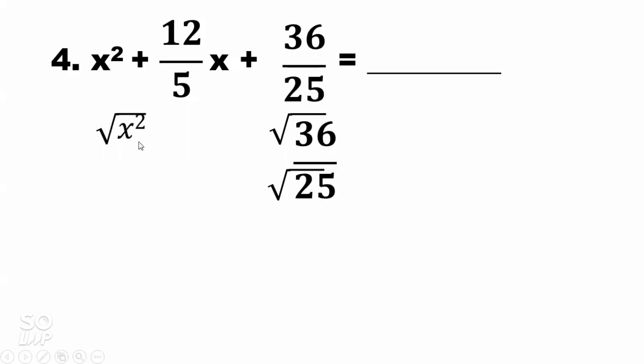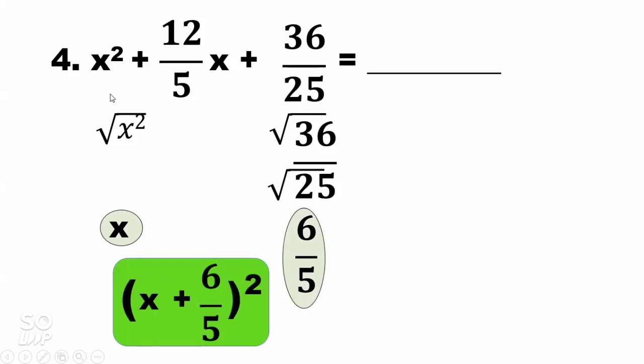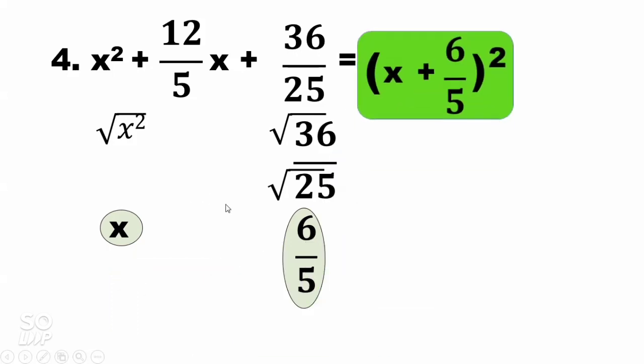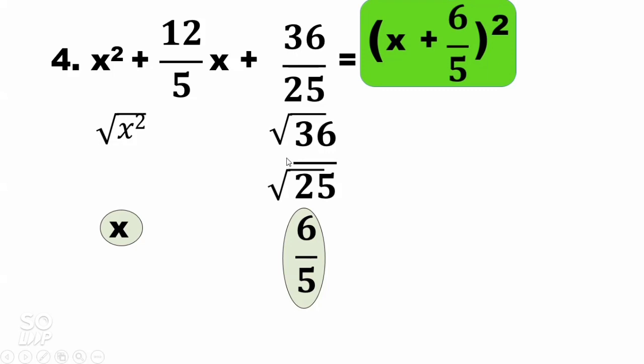Extract natin. Okay, square root of x squared is x. And then square root of 36 is 6. Square root of 25 is 5. So we have 6 over 5. And then now we have to copy x and 6 over 5. And then enclose with parentheses and then write square. And this is your square of a binomial.